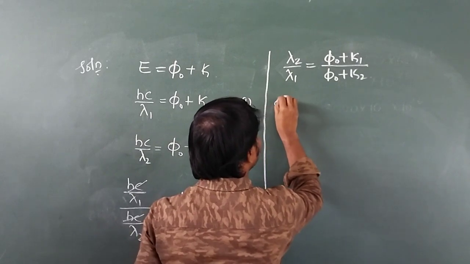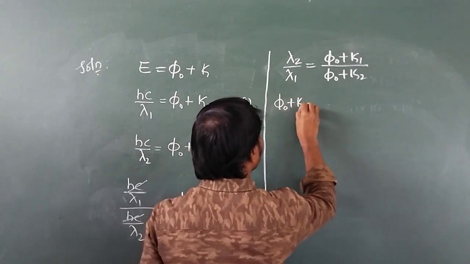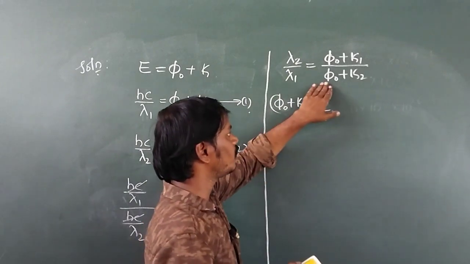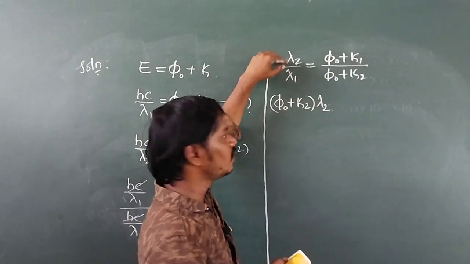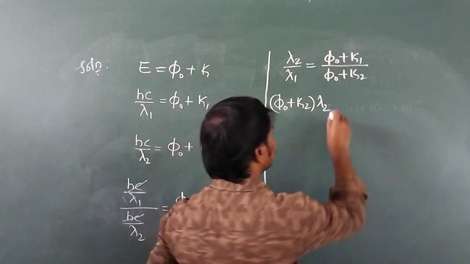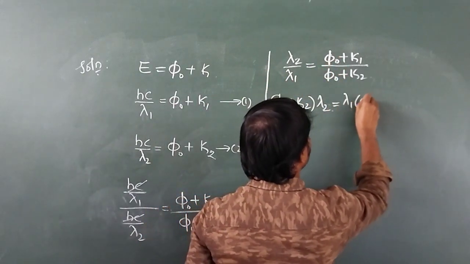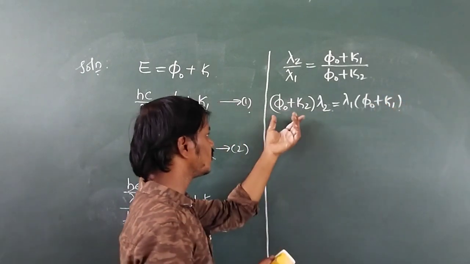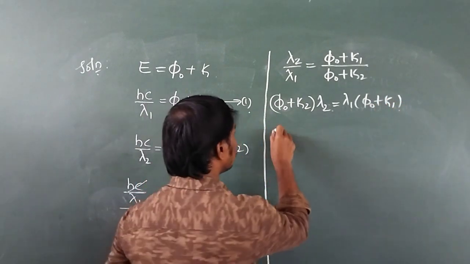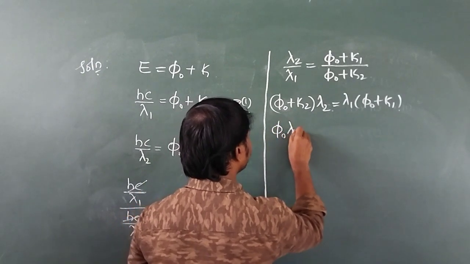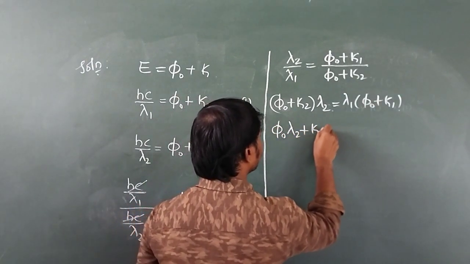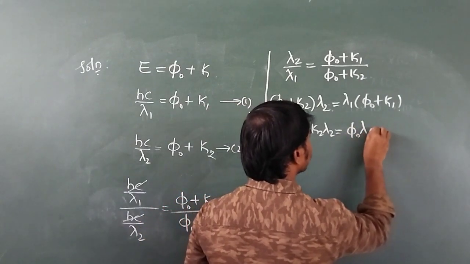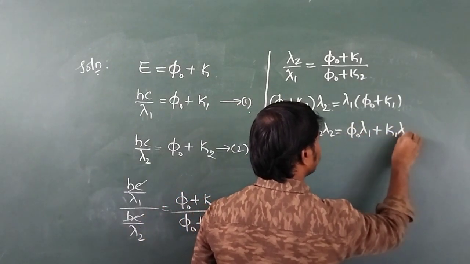So phi naught plus K2 into lambda 2. Let us take phi naught plus K2 to the left hand side and lambda 1 to the right hand side, then it is lambda 1 into phi naught plus K1. Now let us multiply this bracket by lambda 2. Now phi naught lambda 2 plus K2 lambda 2 is equal to phi naught lambda 1 plus K1 lambda 1.